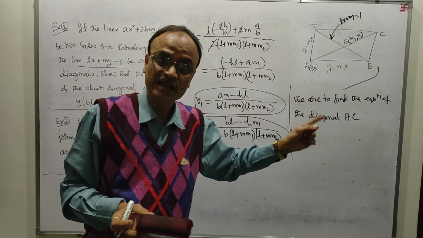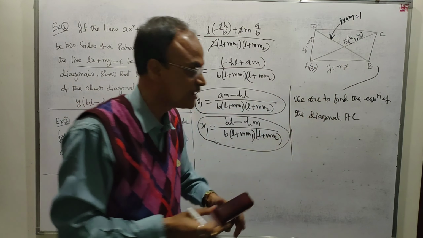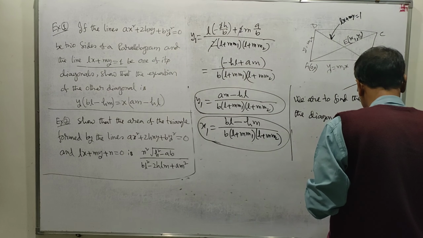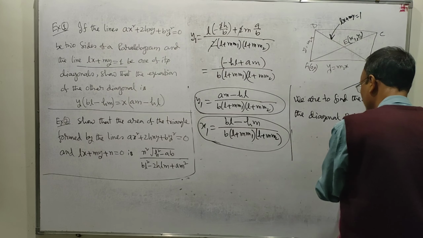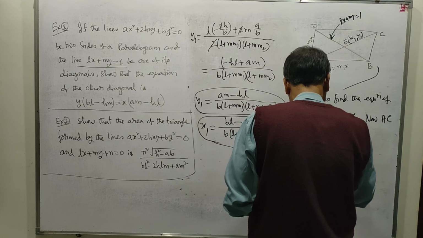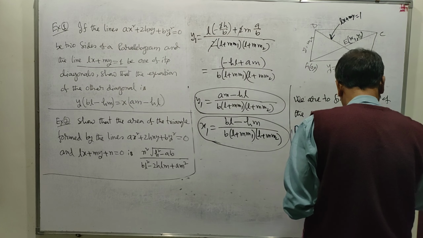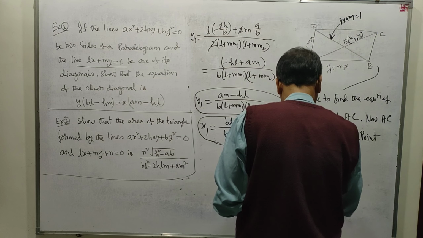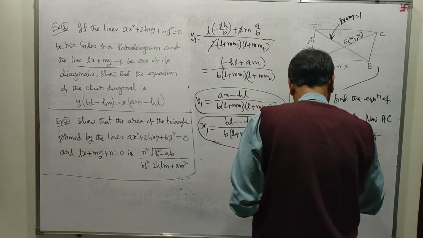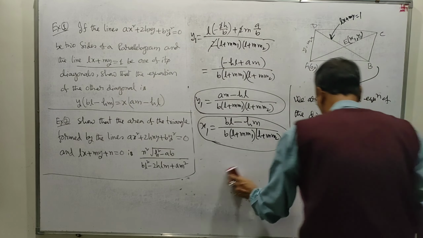Now, AC passes through the points A (0, 0) and C (x1, y1).